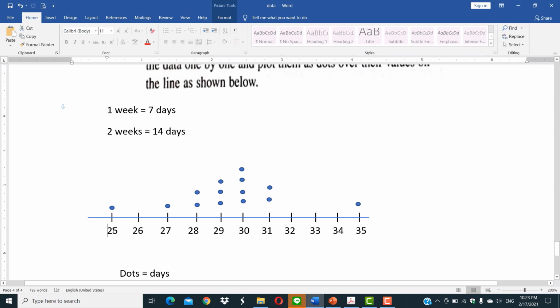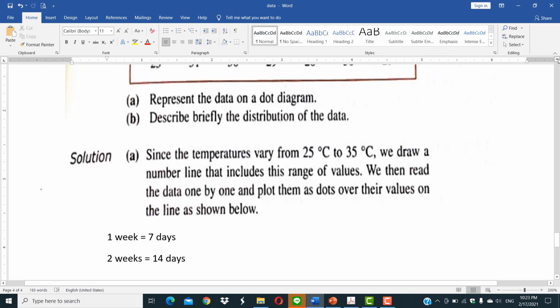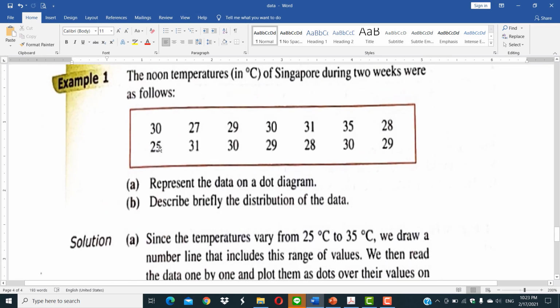Now first of all see 25. Number 25 appears only one time, one number of 25.